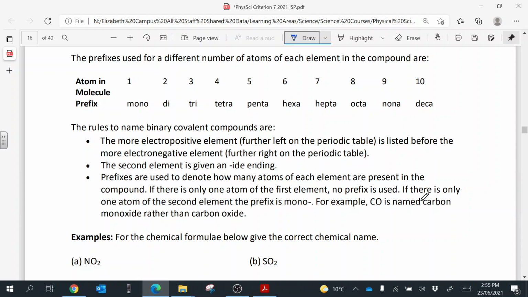Electropositive means more likely to donate electrons, and the ones that are more likely to accept them are further on the right. The second element is given an "-ide" ending, like oxide, and prefixes are used to denote how many atoms of each element are present.